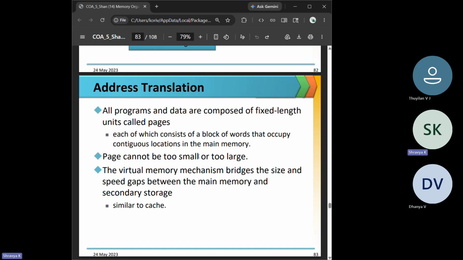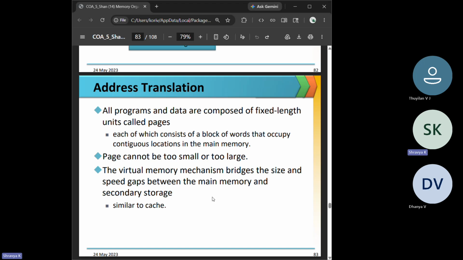It's analogous to that: the cache was trying to bridge the size and speed gaps of the main memory, helping it by bringing things from the main memory to the cache when required.